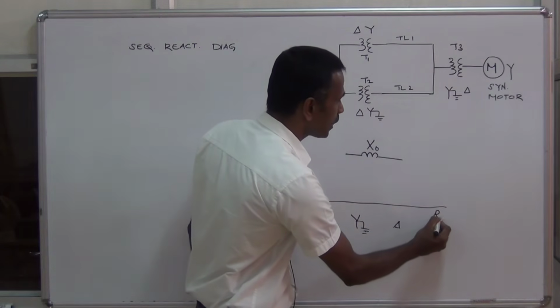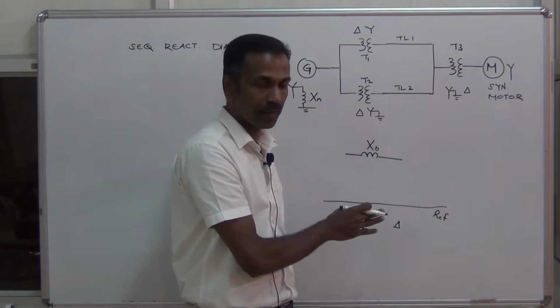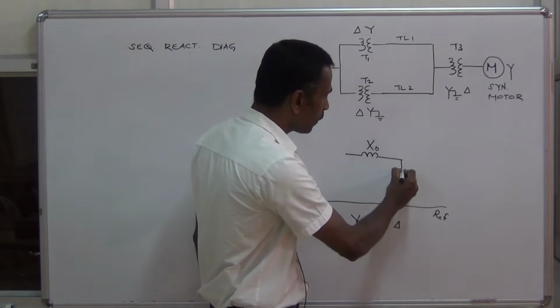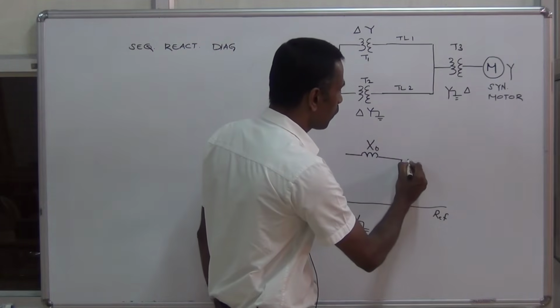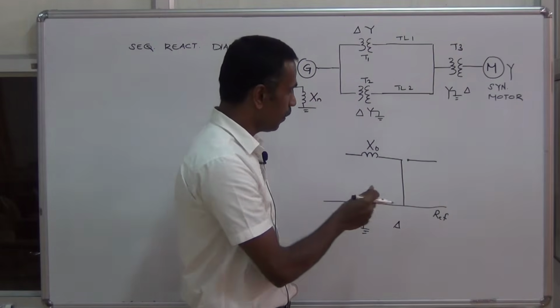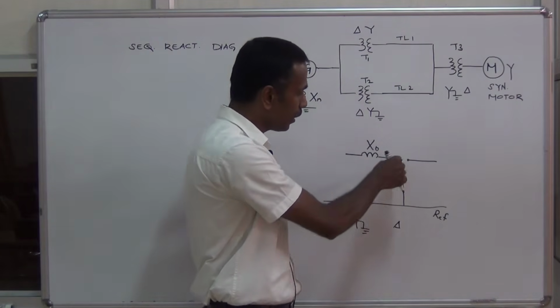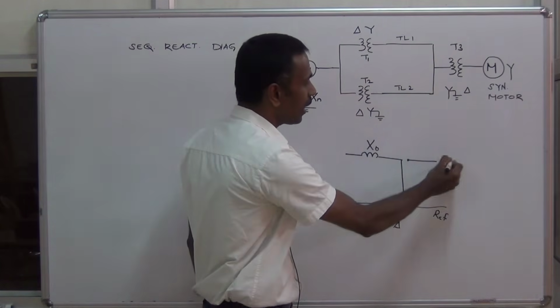This is our reference bus. Whenever you see a delta connection, you make a short circuit to the reference bus, and this line should be kept open.